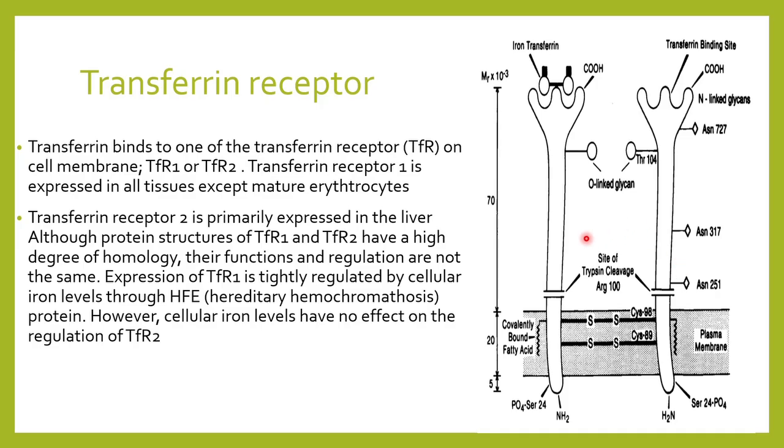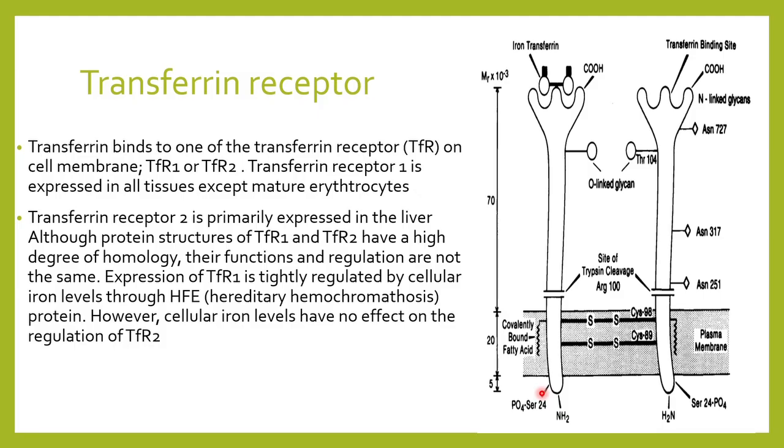Expression of this transferrin receptor 1 is tightly regulated by the cellular iron levels. According to the levels of iron in the body, the expression of this TFR1 receptor will depend, and that is also managed by your HFE protein, the hereditary hemochromatosis protein, which is altered in hereditary hemochromatosis.